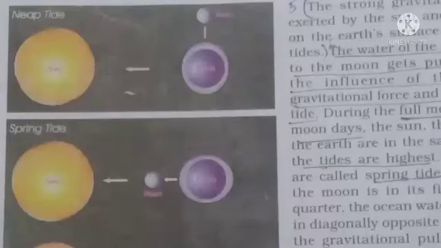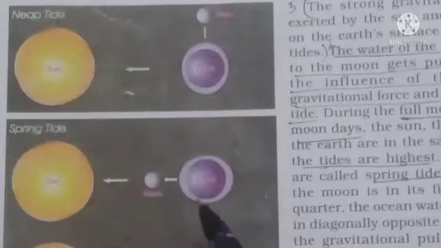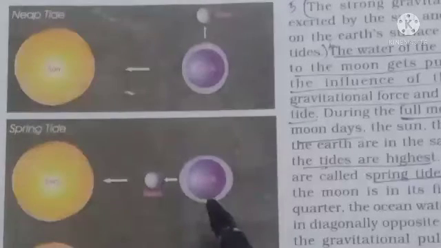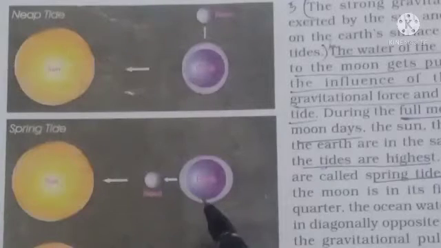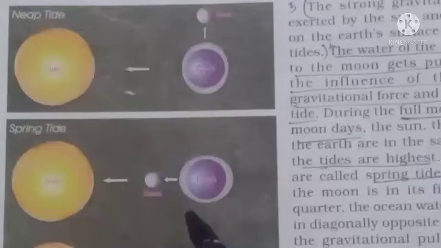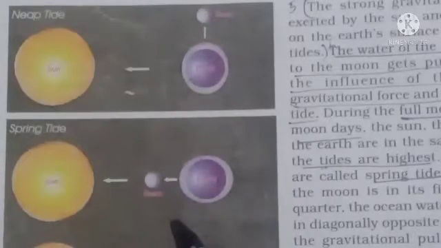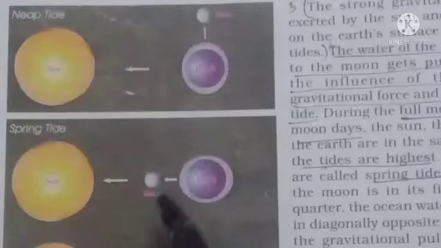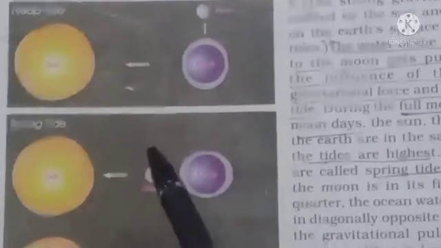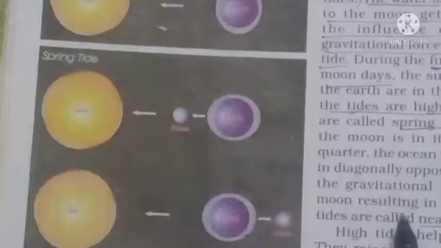They are forming high tides, and the tides are higher and low tides are lower. During the full moon time and new moon time, we see that the tides are higher and lower. These tides on full moon and new moon days are called spring tides. So we know that very well.